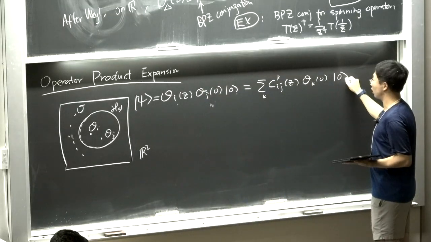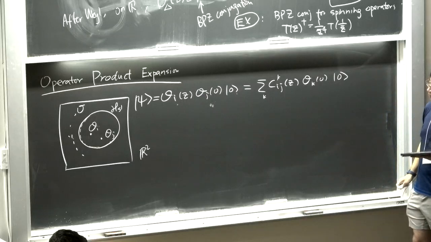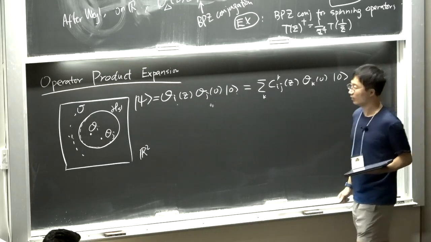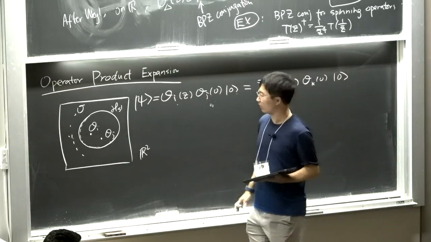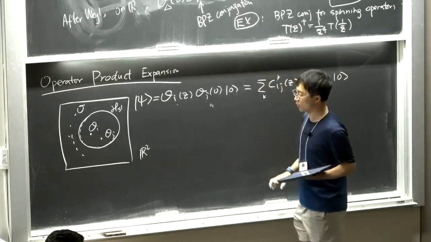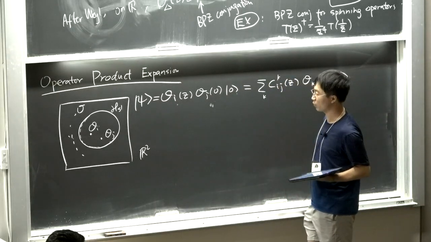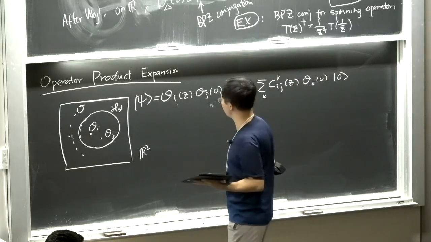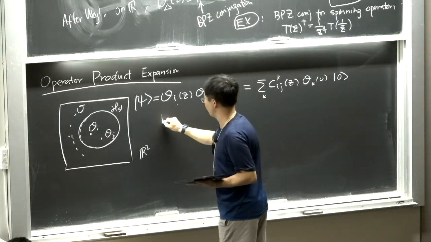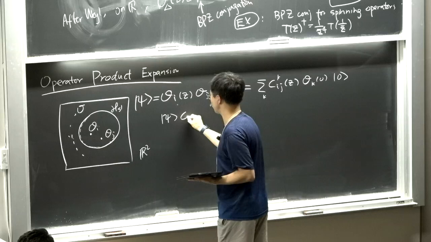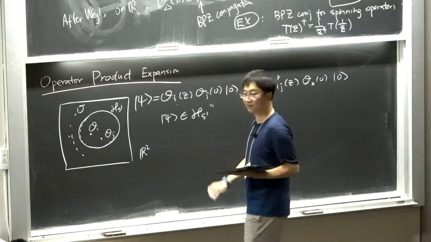And the equation we want to show looks like something of the following form. This way of writing the equation makes this relation almost trivial from what we just discussed. That is because, by construction, the psi will be a state inside this superspace.